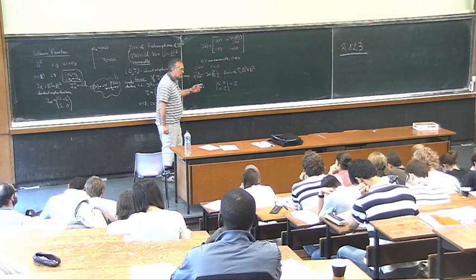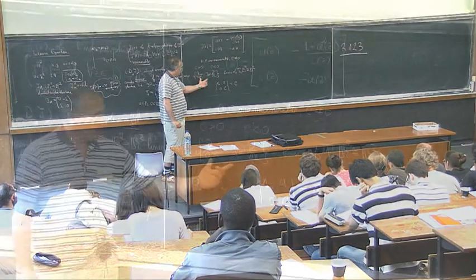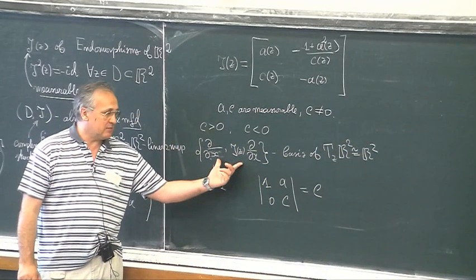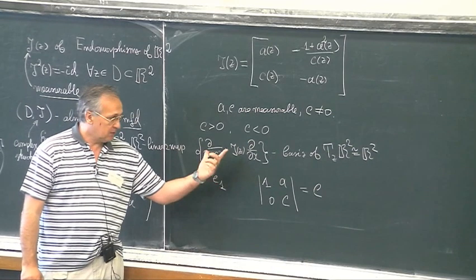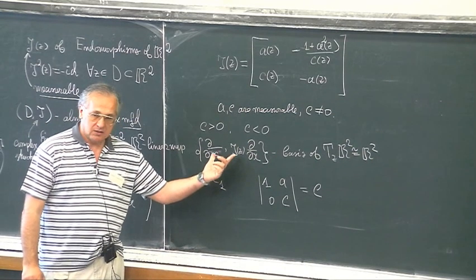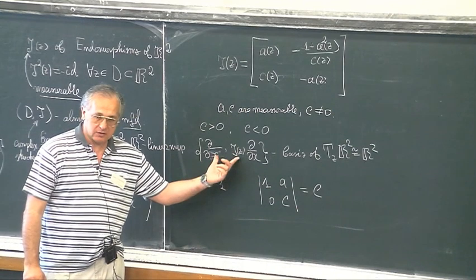So c is positive when this basis has the same orientation as the canonical basis, and negative if this orientation is opposite to the canonical orientation.